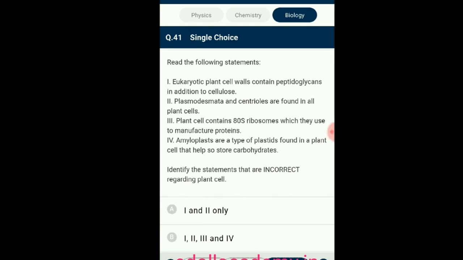Centrioles are the characteristics of animal cells useful in the process of cell division. A plant cell has 80S ribosome, a feature of eukaryotic cell. Plastids are organelles found only in plant cells, of which those that store carbohydrates are known as amyloplasts. So the answer for this question is option A. From the given four statements, first and second statements are incorrect regarding plant cell.